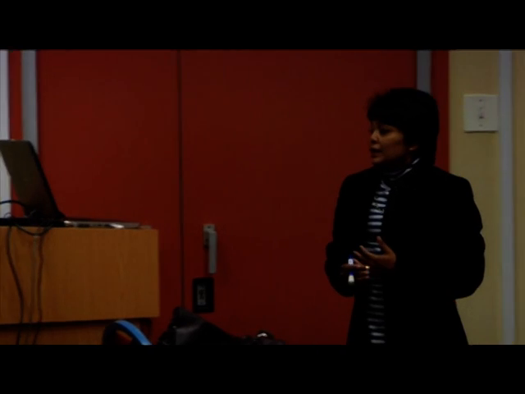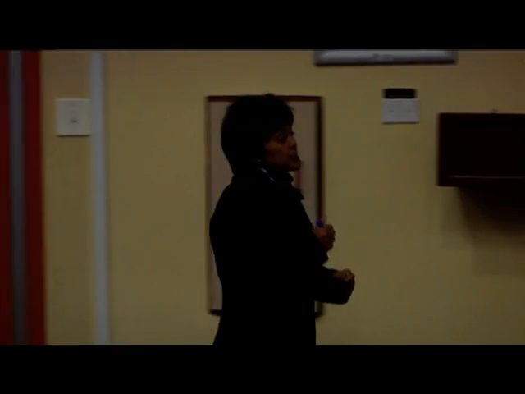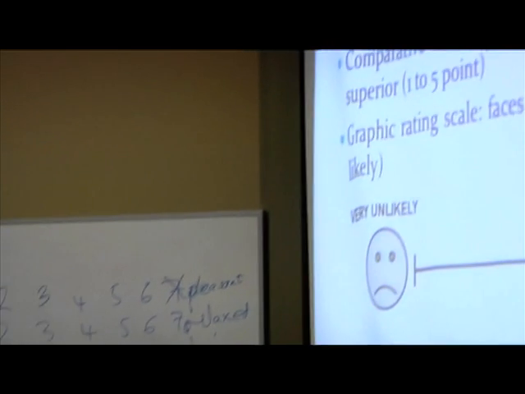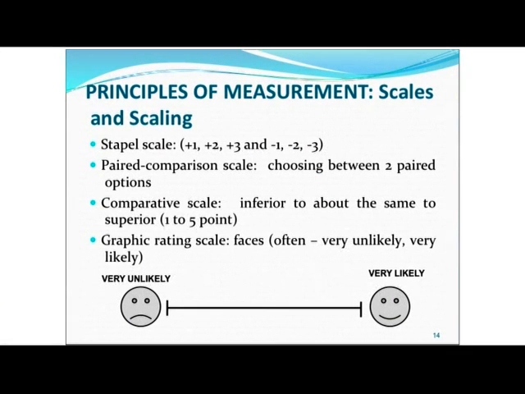Okay? Then the staple scale. The staple scale is an interesting one, and those of you who are here from marketing, it's utilized a lot in marketing. This is the kind of scale that has a bottom and a top, with every variable being measured having a +3, +2, +1, and then whatever you're measuring on it.